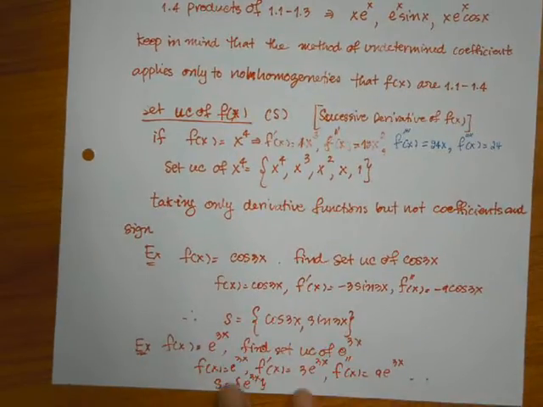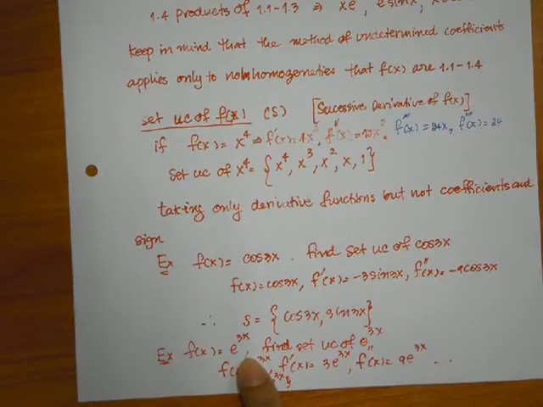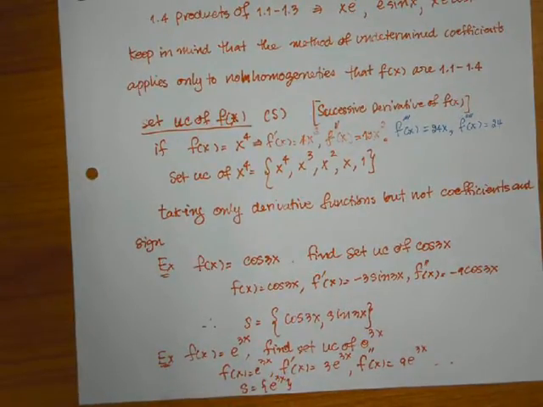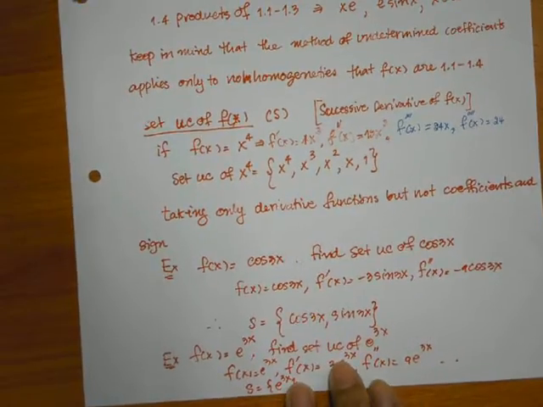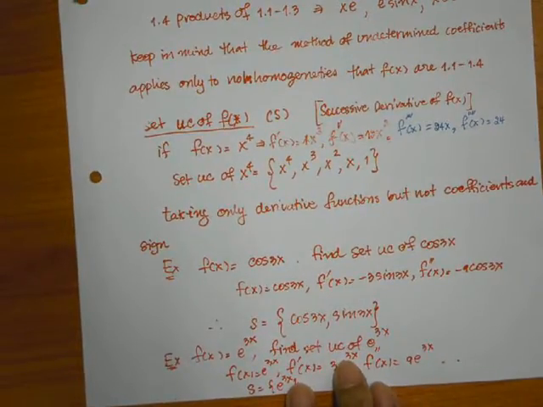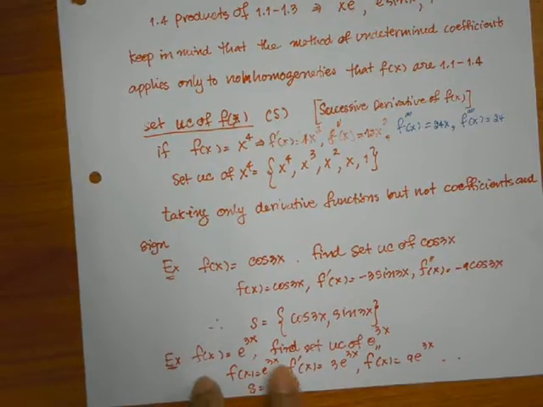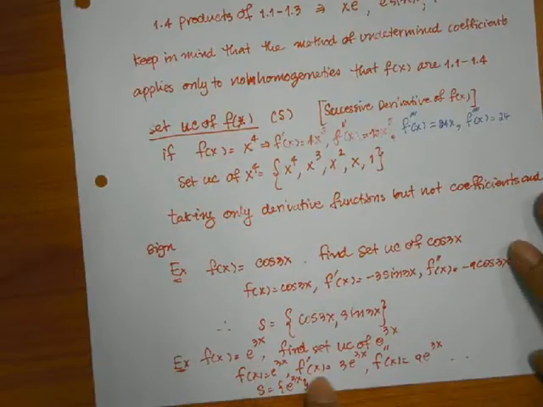Now, what if we have the function exponential of 3x? Again, we just take successive derivatives of this function. If it repeats, you just stop right there and pick up the functions that are not drawn from their derivatives. For exponential of 3x, the first derivative is 3 exponential of 3x, and the second derivative is 9 exponential of 3x.